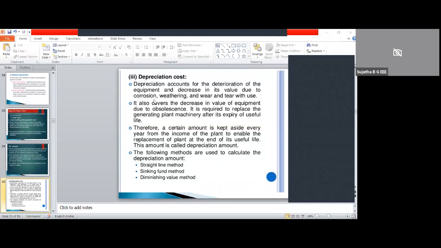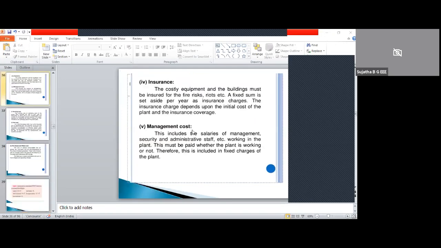Okay, have you noted down this point? Shall I go to next slide? Yes. Okay, then insurance, management costs. So this is all under fixed cost. Fourth is insurance. Fifth one is management cost.